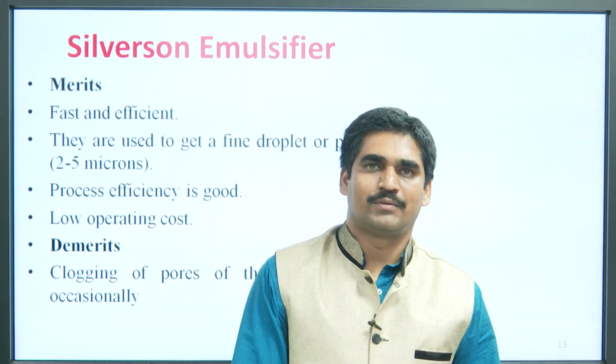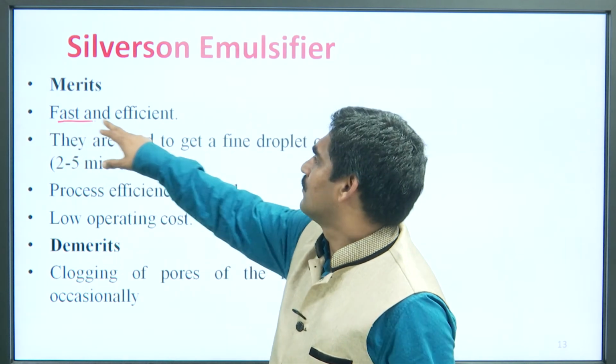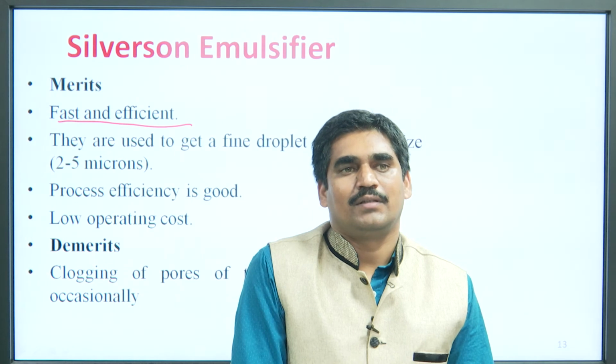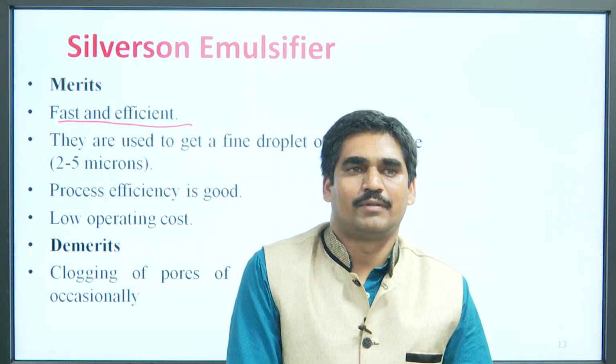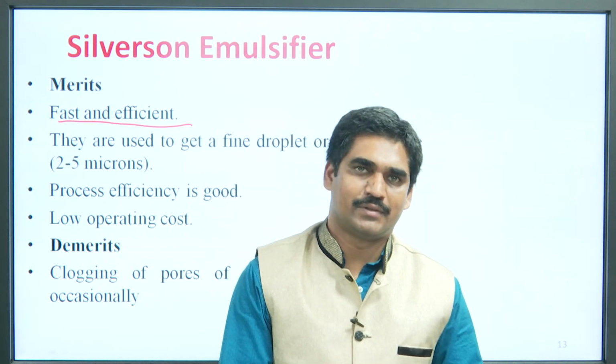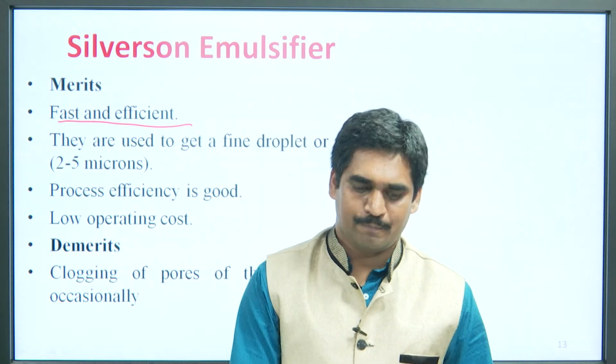Merits and demerits of Silverson emulsifier. Fast and efficient mixing can be achieved in case of Silverson emulsifier. If we are using this emulsifier for mixing purposes, then fast and efficient mixing can be achieved.